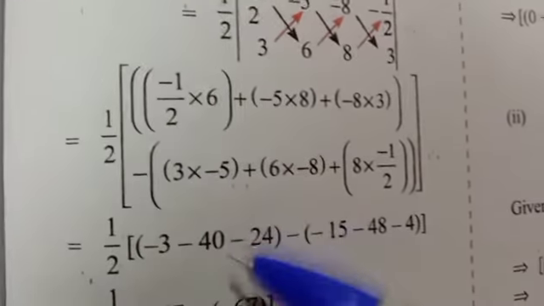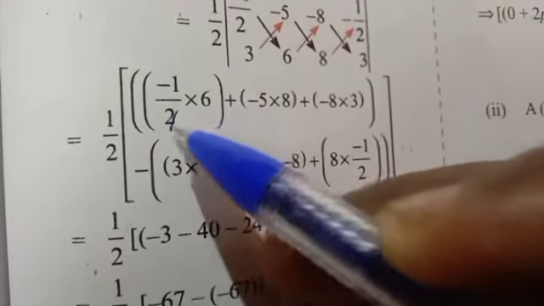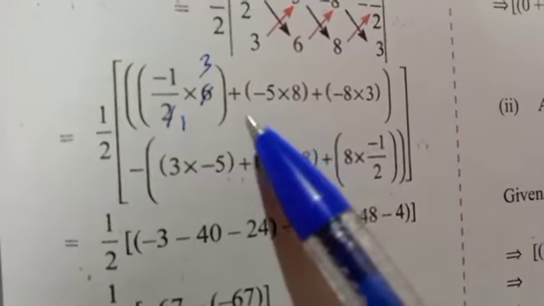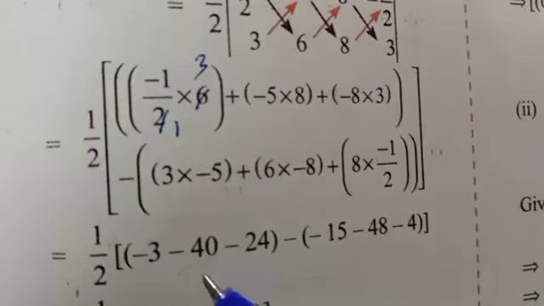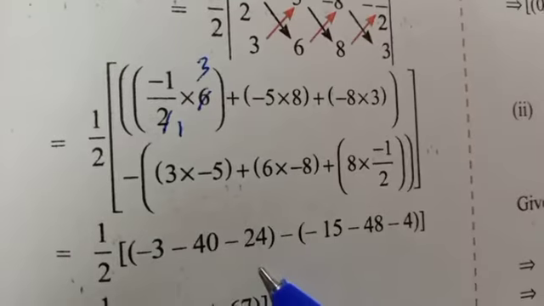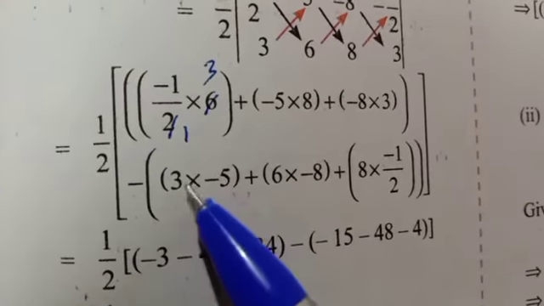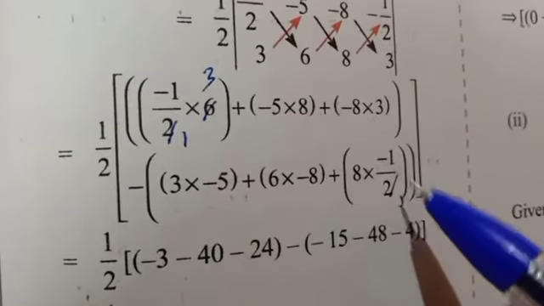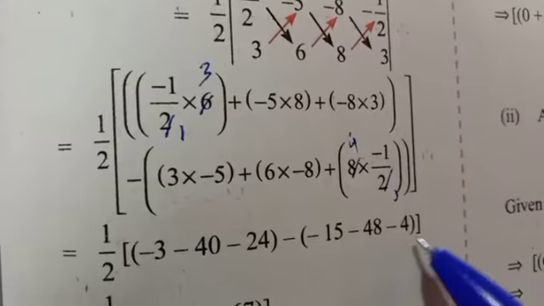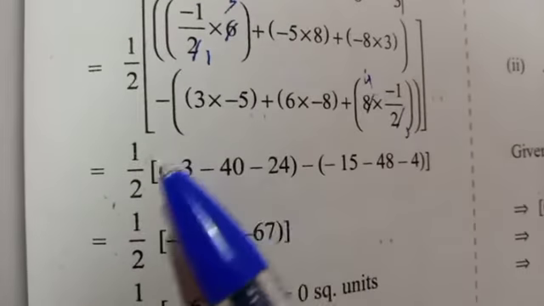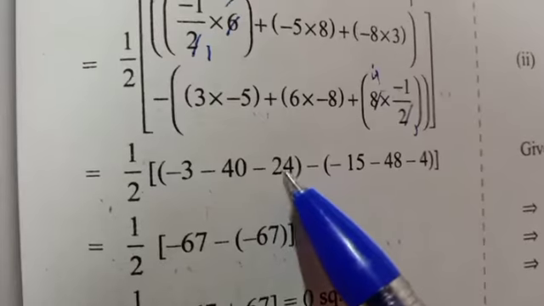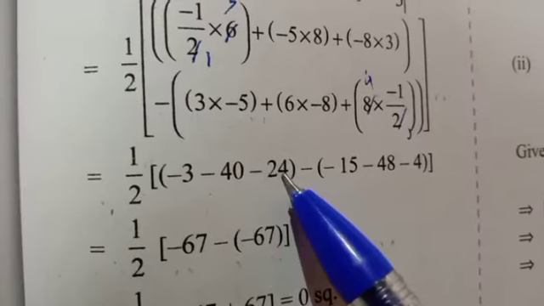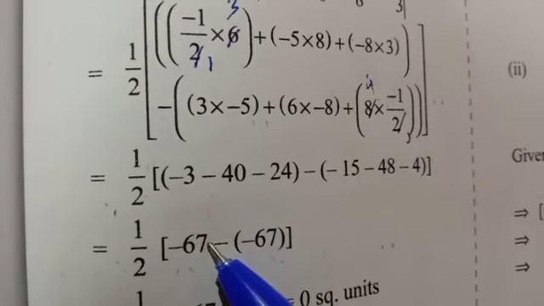Now simplify. 1 by 2 into minus 3, plus minus 40, plus minus 24, minus of minus 15, minus 48, minus 4. Simplifying the first group, all are negative values, so you add: 3 plus 40 plus 24 is 67, so minus 67. In the second group also all are negative, so you add: minus 15, minus 48, minus 4, which is minus 67.